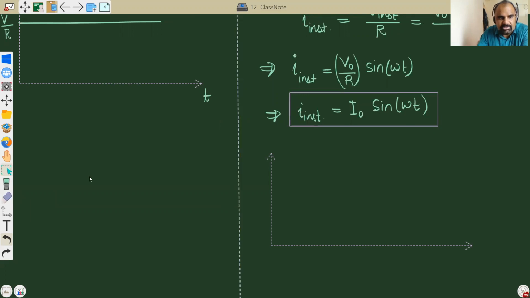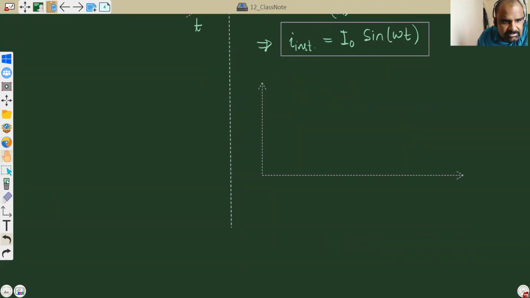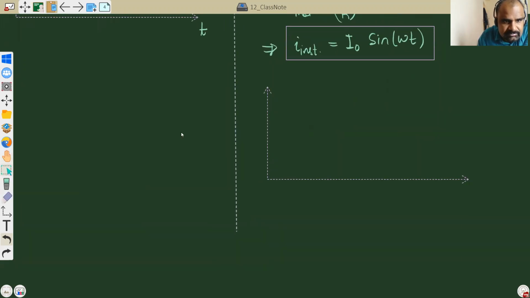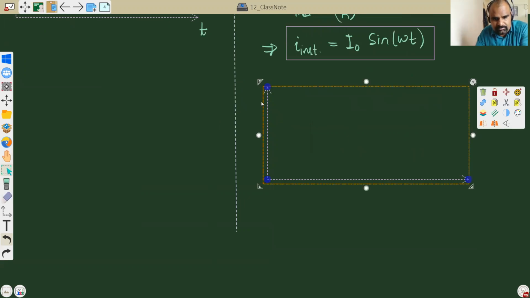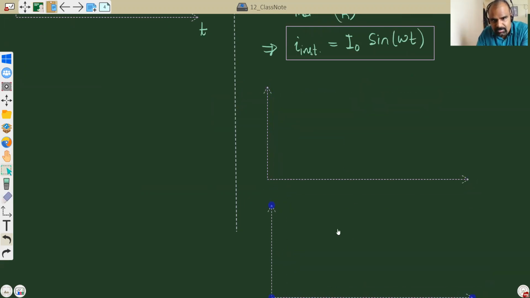So there will be two graphs. One will be the source voltage, it means instantaneous voltage versus time graph.